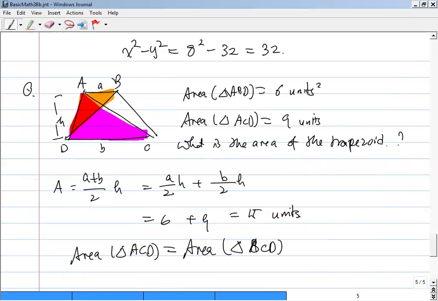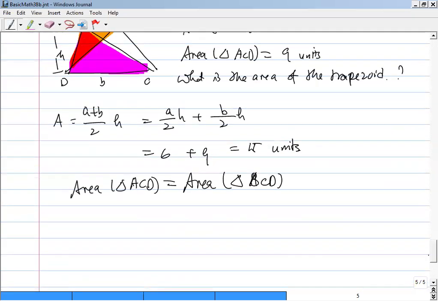So just add them together, you get the total area. All right, so let's look at the next problem.